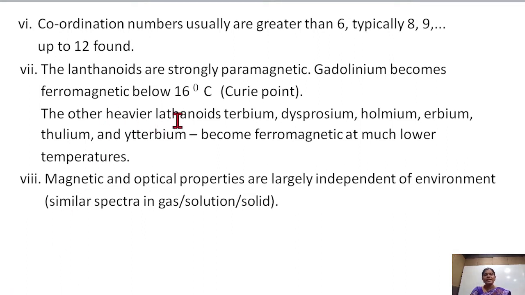The other heavier lanthanoids, terbium, dysprosium, holmium, erbium, thulium and ytterbium, become ferromagnetic at much lower temperatures. Magnetic and optical properties are largely independent of environment.